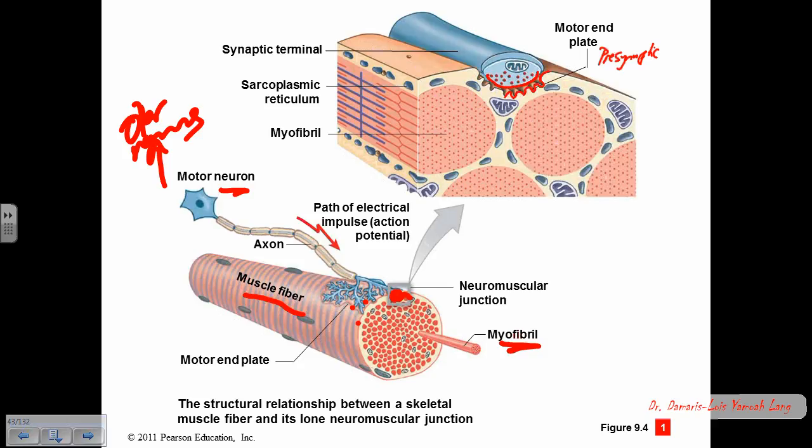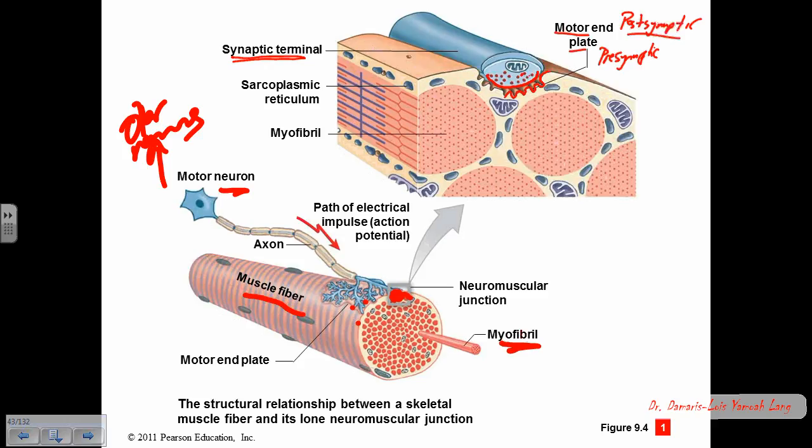The sarcolemma, and some books will call it postsynaptic. So either presynaptic or synaptic terminal, or what? Motor end plate, or what? Postsynaptic, same thing. And then the space is called synaptic cleft.